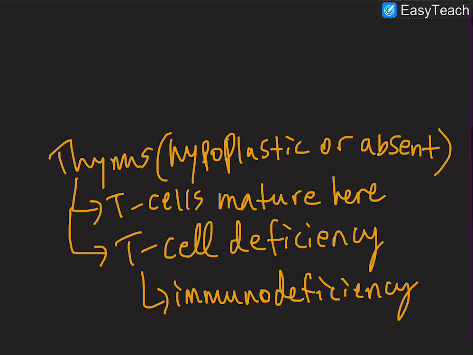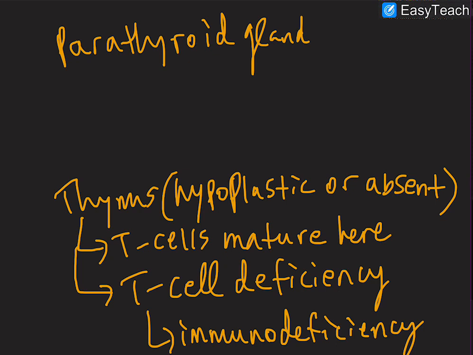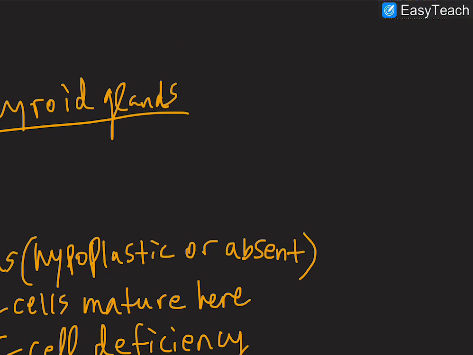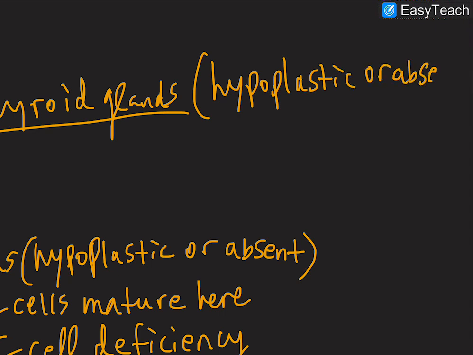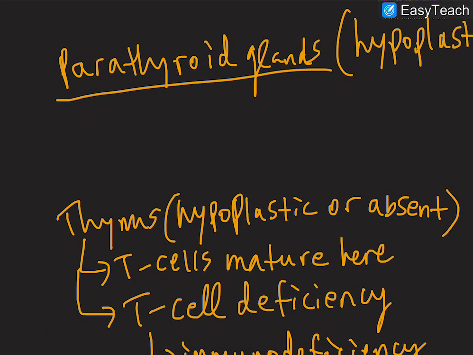What else did we say that the third and fourth pharyngeal pouches develop into? We said the parathyroid glands. So let's write that down first: parathyroid glands, and what the effect will be if these don't develop properly. If you have hypoplastic or absent parathyroid glands, because your third and fourth pharyngeal pouches can't develop properly, what do your parathyroid glands secrete?